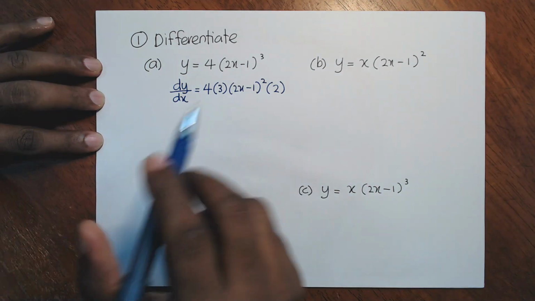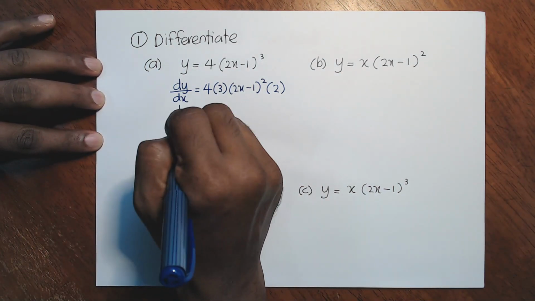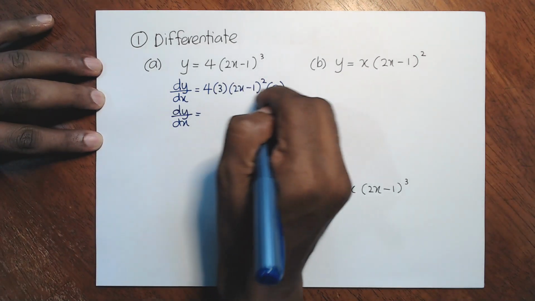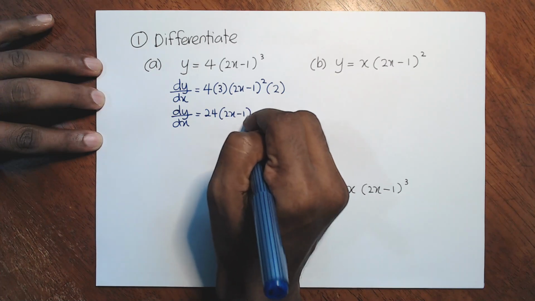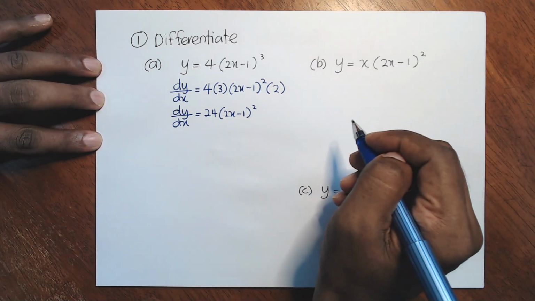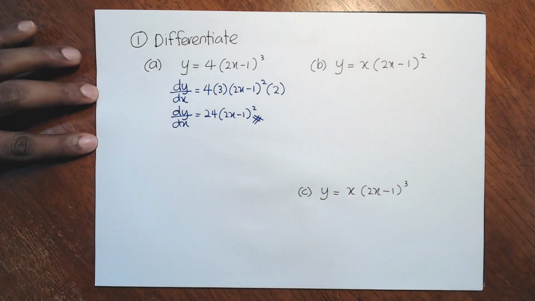You put the 2 there, and then you can multiply all this, so you get dy/dx equals 24(2x minus 1) to the power of 2. Yeah, that should be the answer, right? That is dy/dx. Perfect.